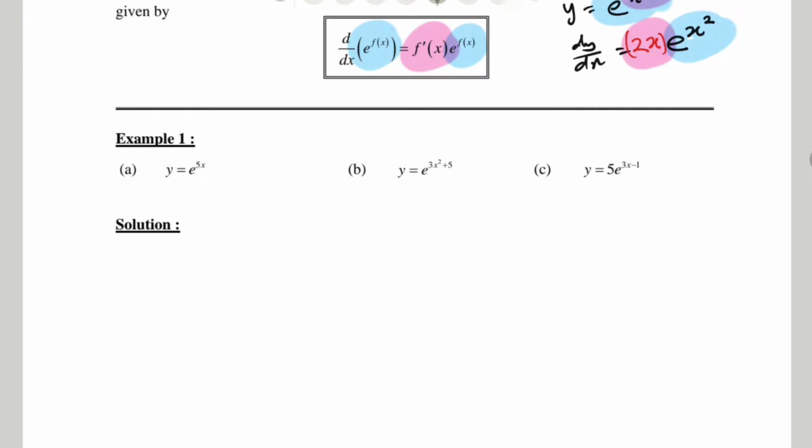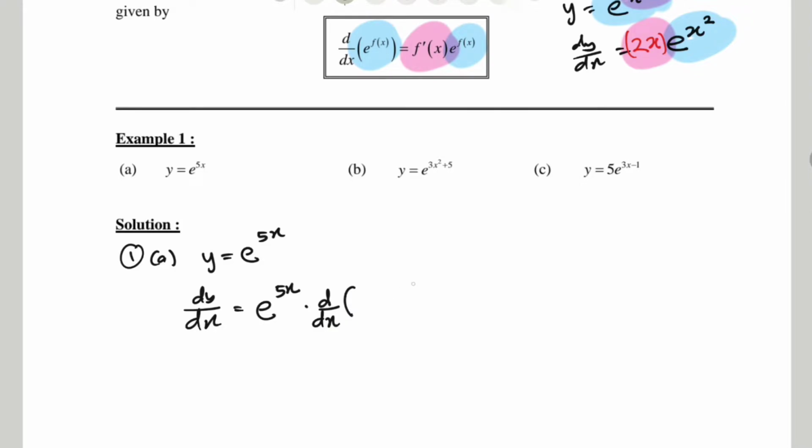Now, let me do this step by step and show you from a simple example. Example 1a, y is equal to e to the power of 5x. To differentiate exponentials, remember we have to copy the exponential function exactly as it is, and then instead of writing in front of e the derivative of the power, I want to write it behind.